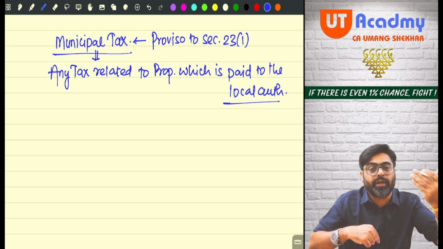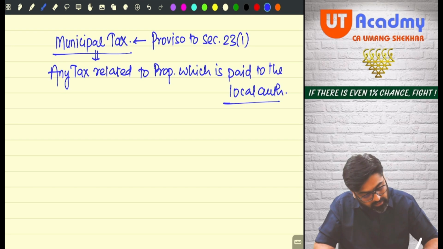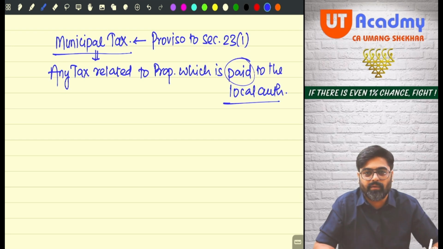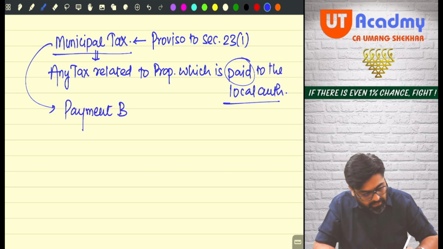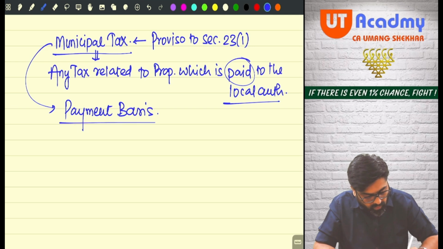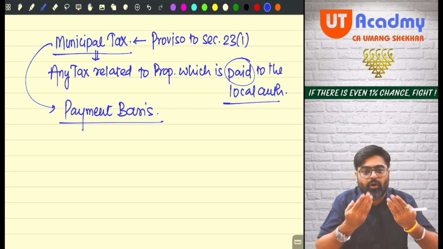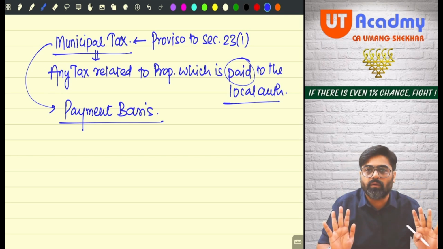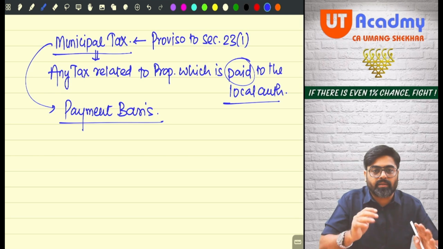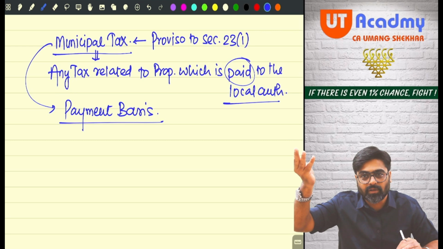And that municipal tax I am allowed to claim as a deduction. I am allowed to reduce it out of the GAV, but only if it is paid. That means the deduction for municipal tax is allowed on payment basis. Whatever municipal taxes I have paid in this year will be allowed as a deduction in this year's annual value. It does not matter whether the municipal taxes relate to this year or some other years.